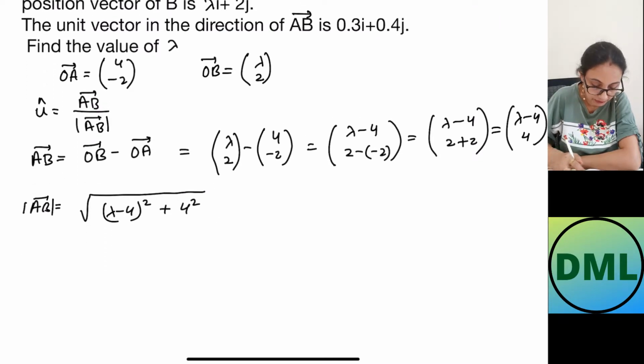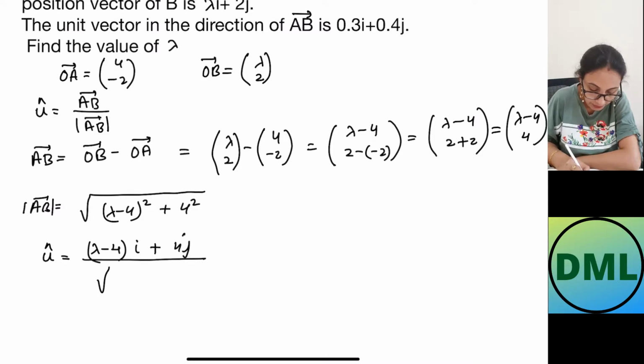Now I need to write down the unit vector. So the unit vector is given by the vector AB. I will write the vector in form of i and j. So that will be written as (lambda minus 4)i plus 4j over the modulus of AB, which is the root of (lambda minus 4) the whole squared plus 16.